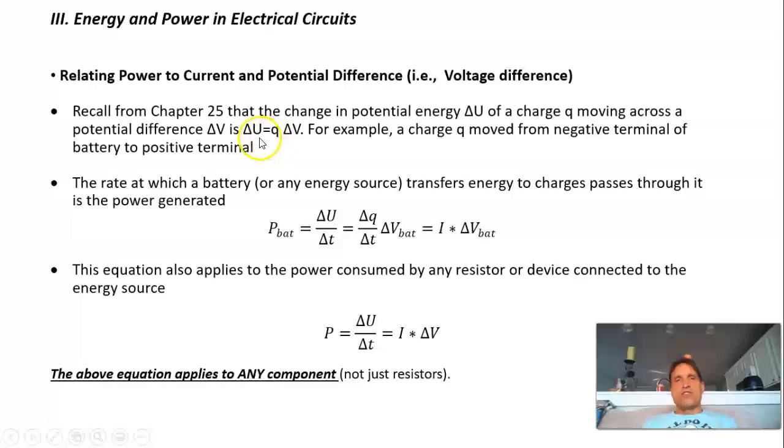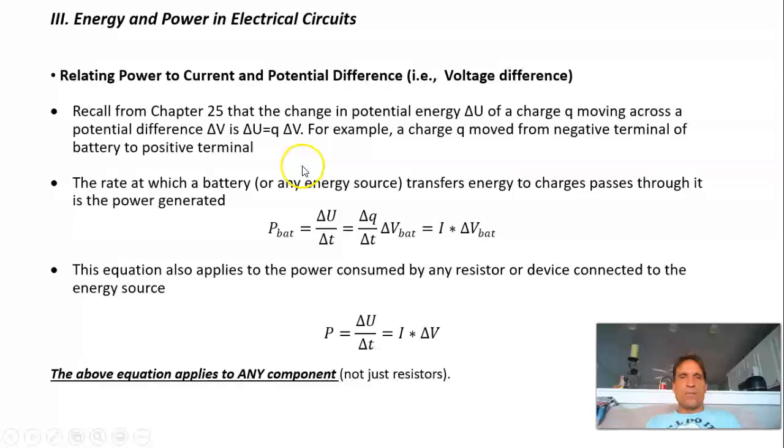And the change in the potential energy is delta V, which is the potential energy change per charge, times the charge Q. Okay, and this, for example, is a charge Q being pushed from the negative terminal toward the positive terminal. Okay, what we want to calculate in this chapter is power, or the rate at which energy is transferred, and power is energy per time.